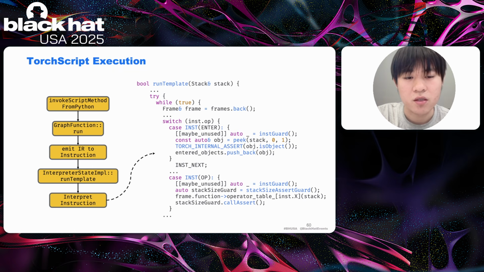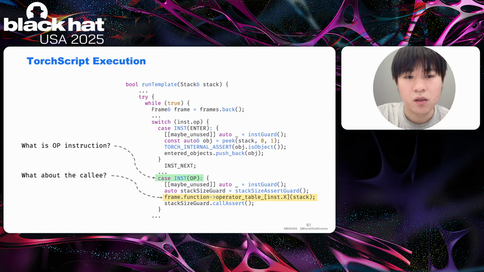Every instruction has one opcode. There is a switch table here that finds the corresponding process logic through the op and then executes it. Now we have a basic understanding of the TorchScript workflow.